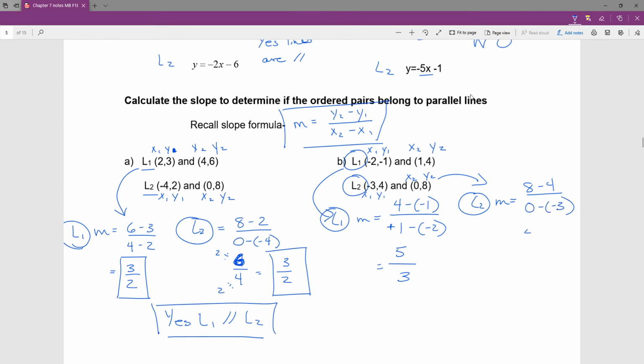So I get an answer of 4 over 3. Well, these two slopes are not the same. And so if the two slopes are not the same, that means that line 1 and line 2 are not parallel.